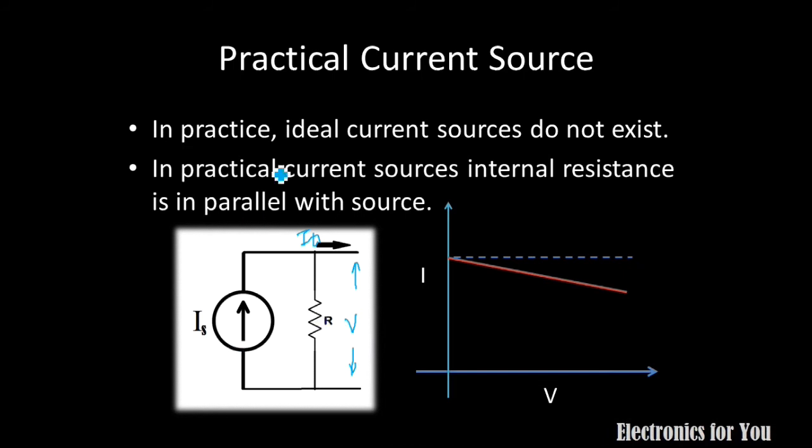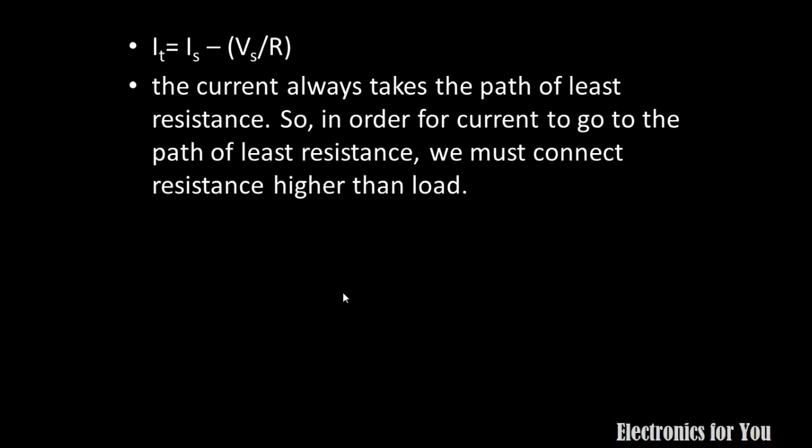But for practical current sources, as I have already mentioned, as the terminal voltage increases, the current will fall because of this resistance. So the terminal current IT is equal to Is minus Vs upon R. Here Vs is the source voltage, and the parallel resistance should be very high, so as to bring it near to the ideal.